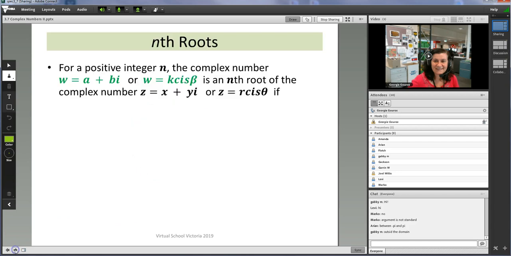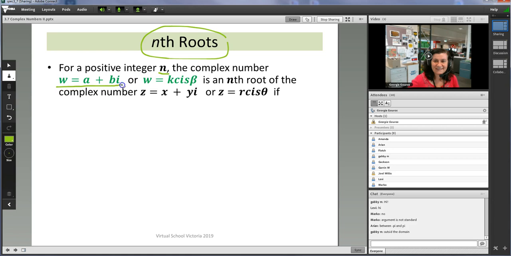Alright, so that's really important because in the complex domain, you can find more roots of numbers than you can in the real domain. How about that? Just by using De Moivre's theorem. So say we have a positive integer n, and you have a complex number w that's equal to a plus bi.